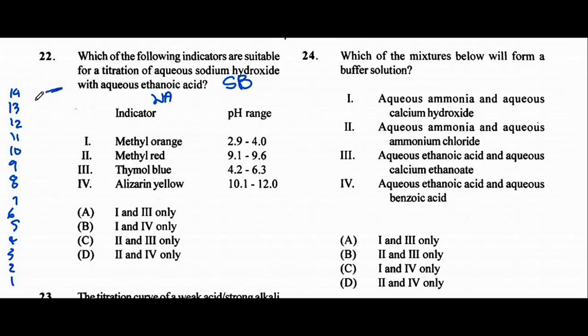And I have a weak acid, so I'm going to go up to about 6 or 7. Connect these. And then I find the midpoint on my line, and it's right there, and I see 10.